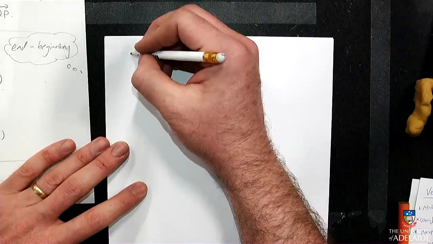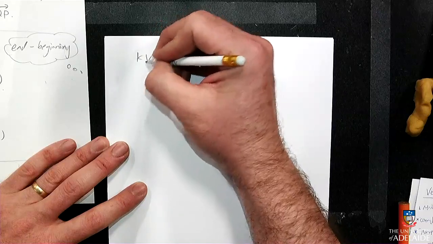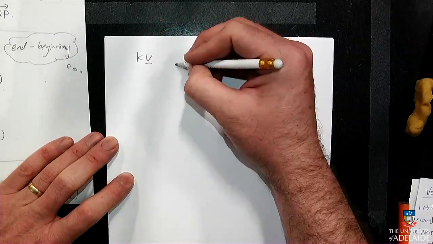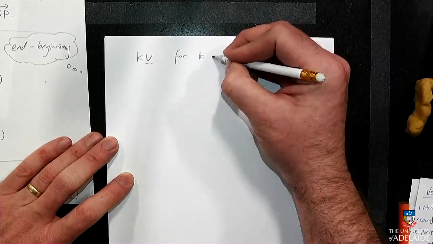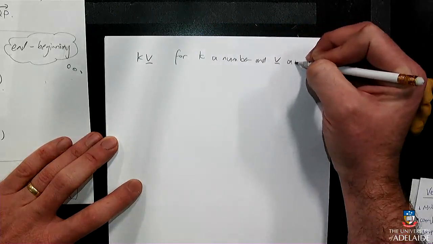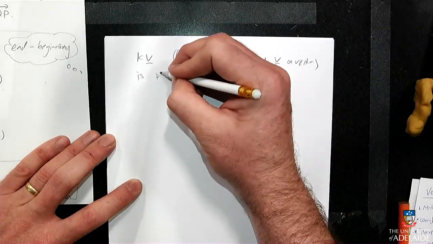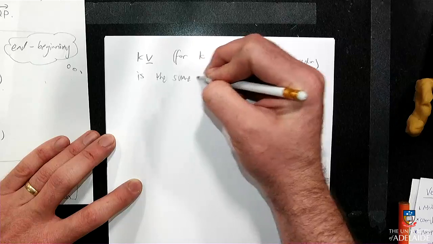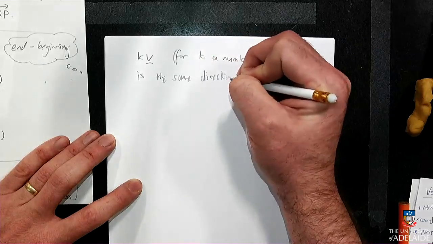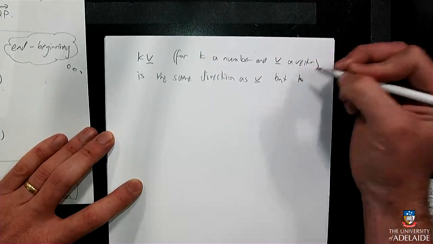So, K times V, where K is a number and V a vector, is the same direction as V, but K times the length.